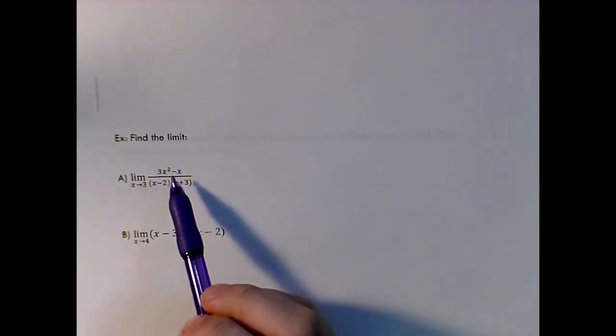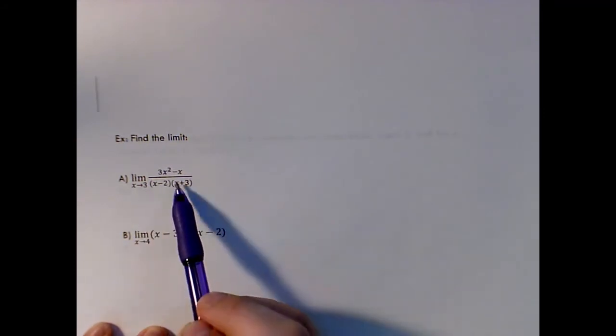I'm going to make sure, however, that when I plug it in, I don't get 0 on the bottom. So if I were to plug in 3, 3 minus 2 is 1, we're good, and 3 plus 3 is 6, we're good.